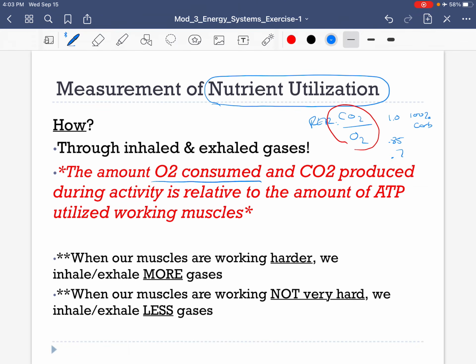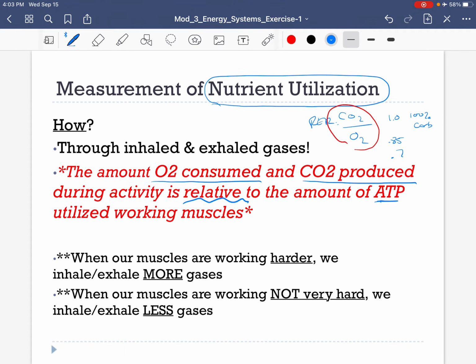Because those gases, the oxygen that we consume and the CO2 that we breathe out, are related to the amount of ATP our muscles are using. Not only do our muscles need fuel, but for a muscle to work, it needs a whole host of things. It needs a nerve impulse going into it to tell it to contract.